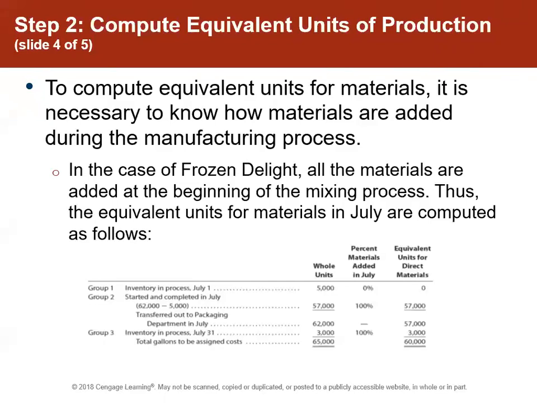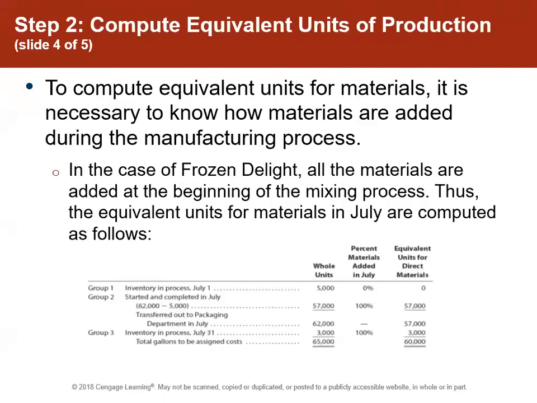So when we're using the FIFO method, with our beginning inventory, we want to assign costs to finish what's in beginning inventory. Materials are complete. So notice there's 0% applied in the current month. So again, any beginning materials inventory is going to be 100% complete. So it takes 0% to finish it. So our materials equivalent units for inventory in process are 0.